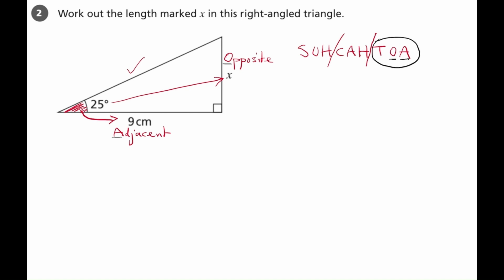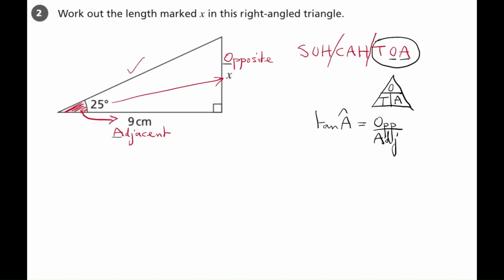And we can write this formula in a triangular form, TOA. And this tells us the formula that we're now going to use, which is T for tan, so the tangent of an angle is equal to the opposite side divided by the adjacent side.